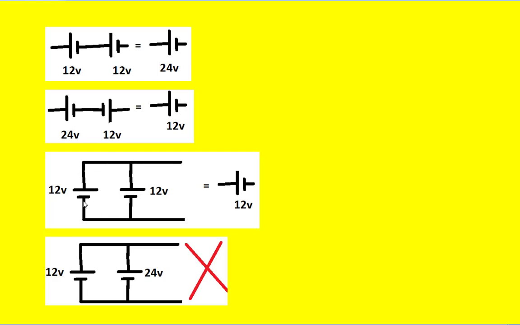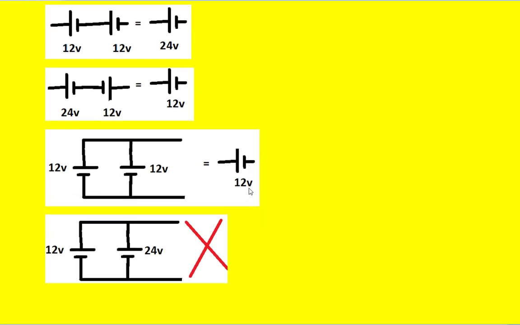Similarly, the negative terminal of this 12 volts battery and the negative terminal of this 12 volts battery should be connected together, and the common points come out like this to connect to the load. So this still works like a 12 volts battery, but its ampere capacity is more than the individual battery rating.